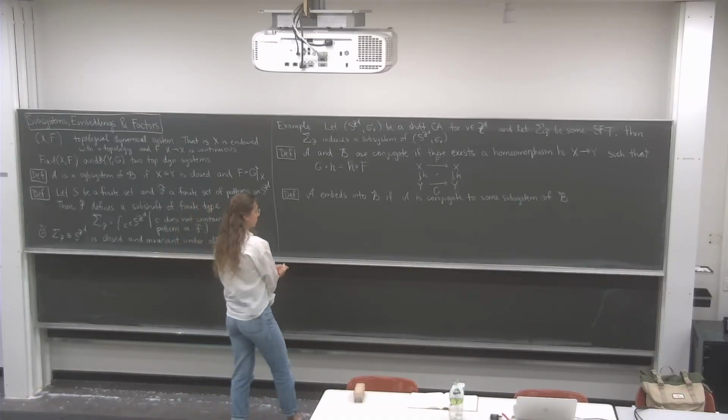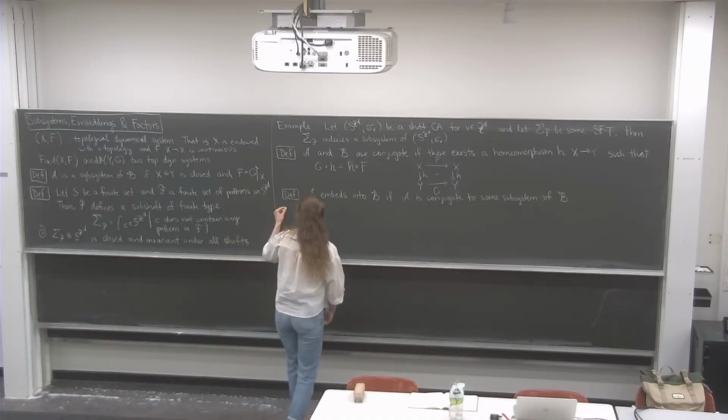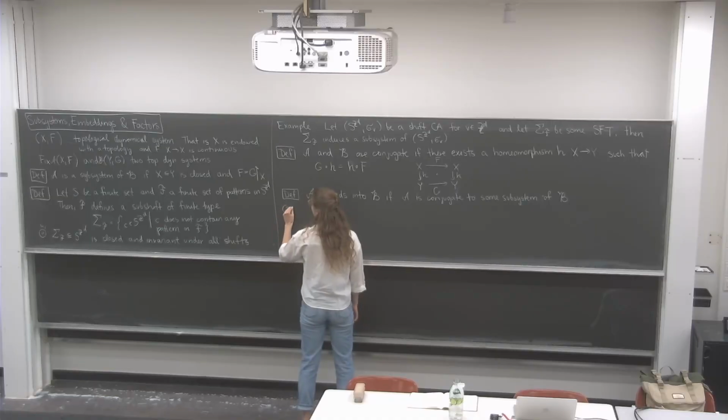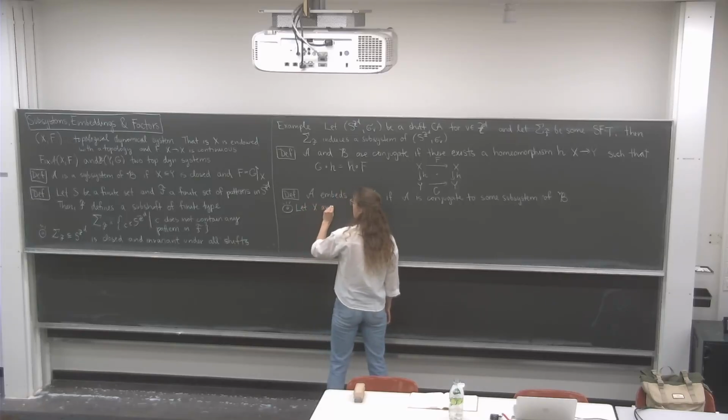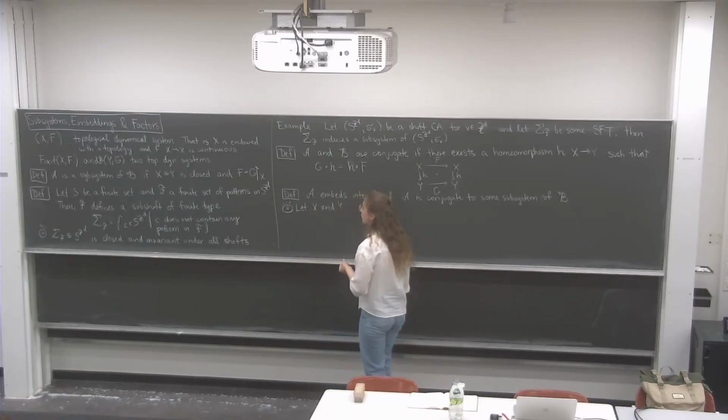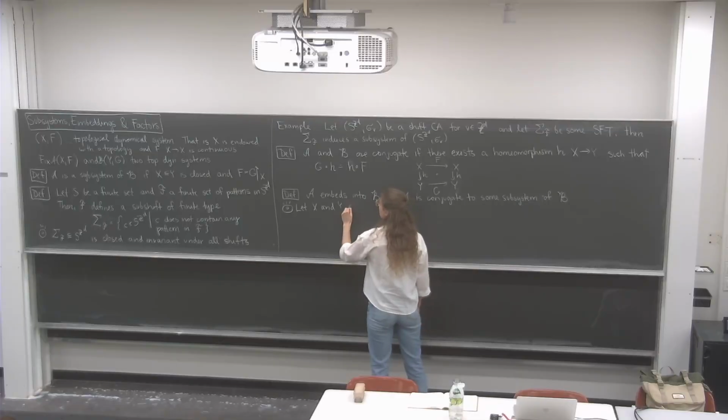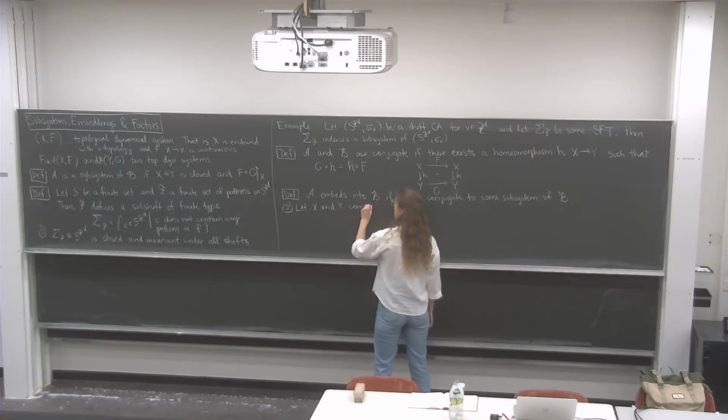Especially, this will be important for us: let X and Y, let's lose the generality for a second and assume that they are compact metric spaces, for instance.